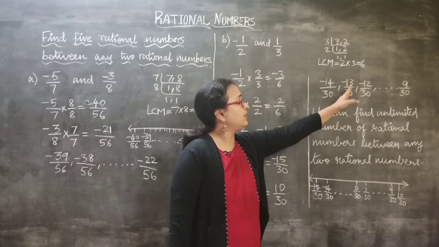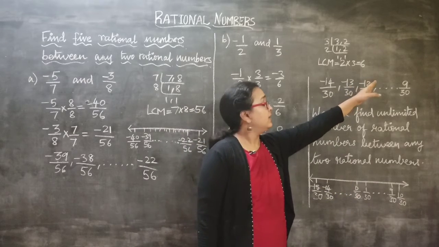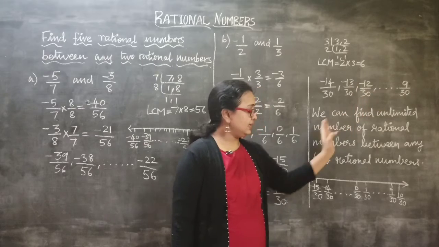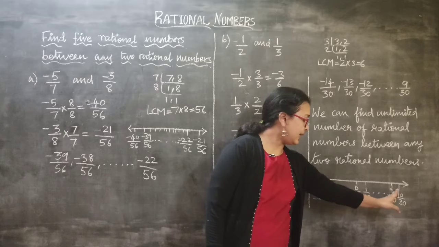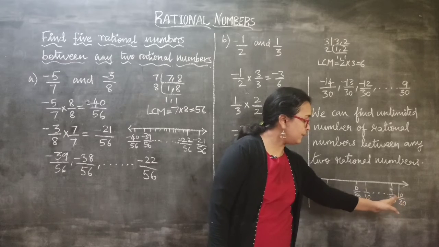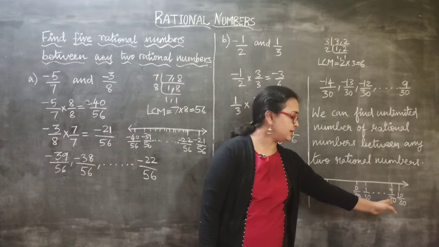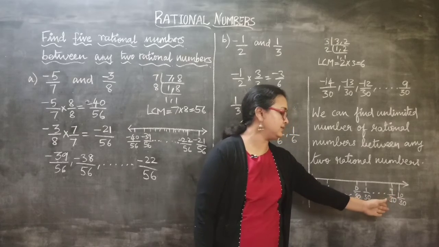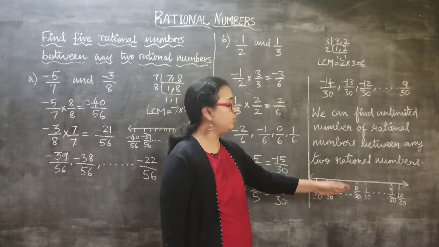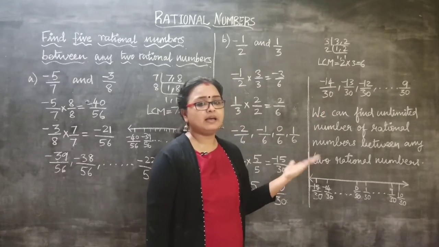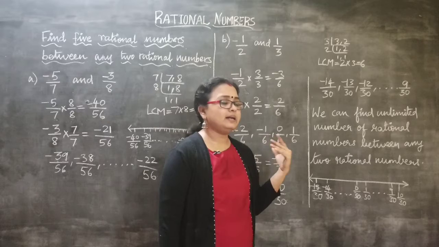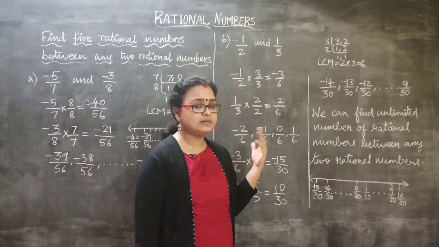It keeps going, minus 13 by 30, minus 12 by 30, like that it keeps going on. Similarly, I have to go till 9 by 30, because the predecessor of 10 by 30 is 9 by 30. So till there I have to move. So that is the answer here. Out of this, any of your 5 rational numbers you can take and write down. So that is the answer for this question.